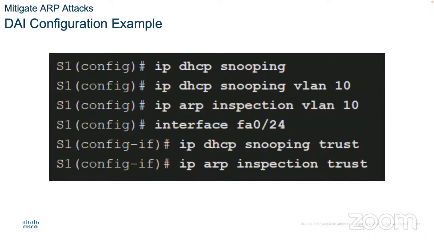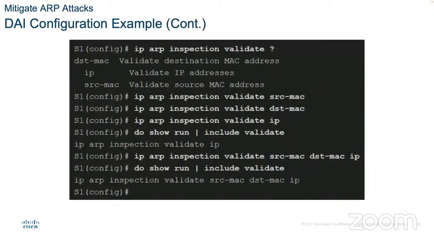The uplink port to the router is trusted, so it's configured as a trusted port. Then it can check the destination and source MACs and match them with IP addresses. ip arp inspection validate is a global config command used to configure DAI to drop any ARP packets where IP addresses are invalid.